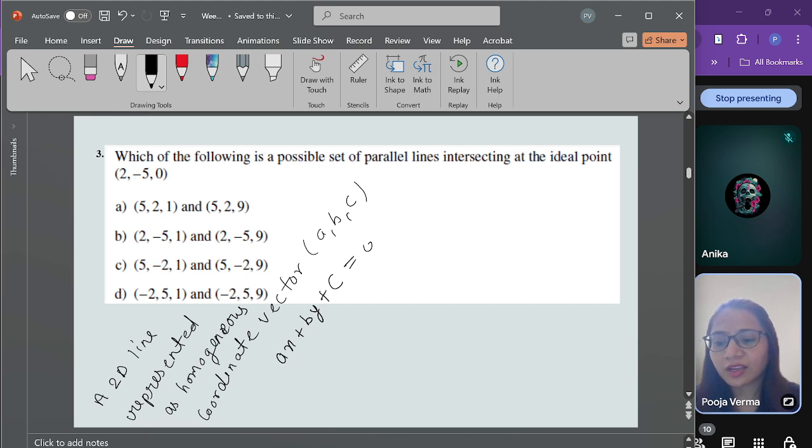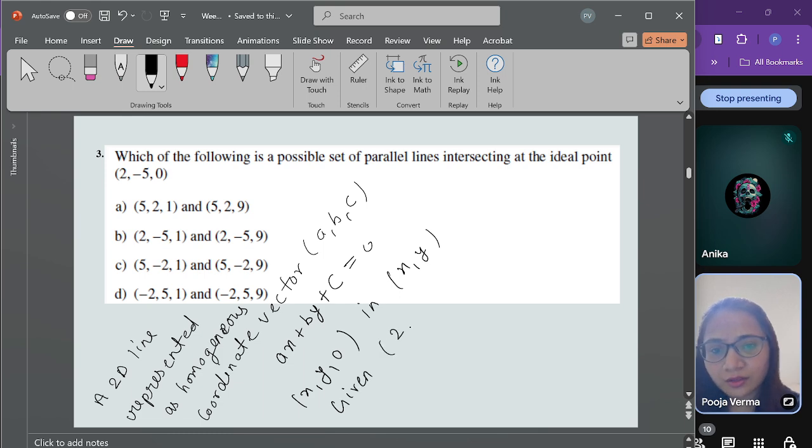So the point at infinity, which is also called a real ideal point, is of the form x comma y comma 0, right? It lies on all lines that are parallel and have the same direction vector x comma y. So here the given point is 2, -5, 0, right?